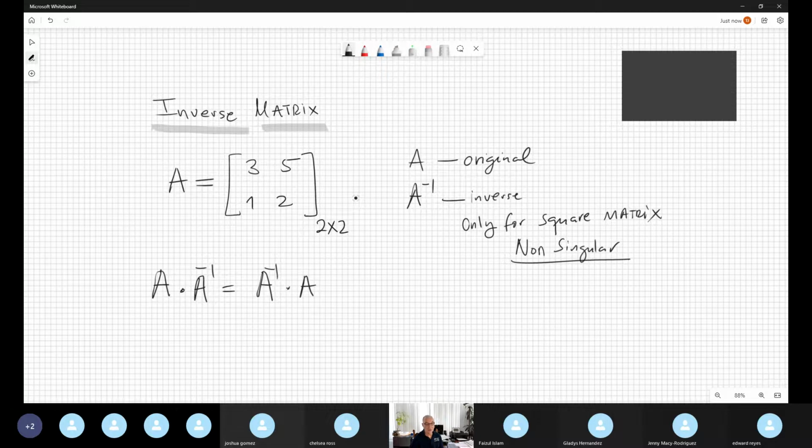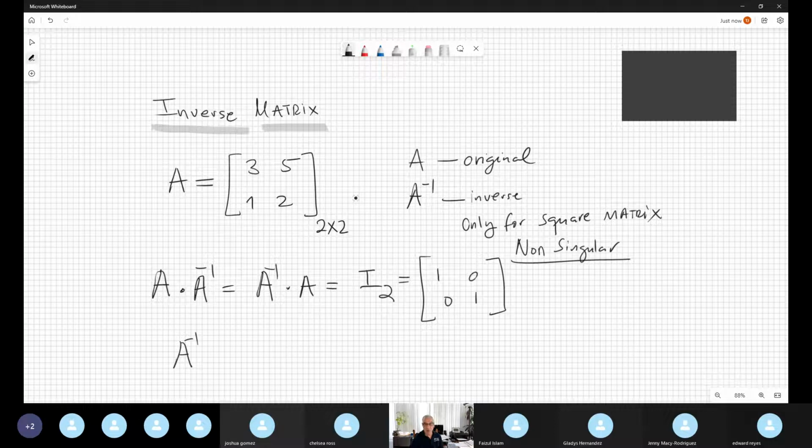So you can commute A and A inverse, and the answer stays the same. And by the way, the answer is the identity matrix. So let's do the multiplication this and this in either order, and you get the identity matrix of dimension 2. Okay, identity matrix of dimension 2 is 1, 1, 0, 0.